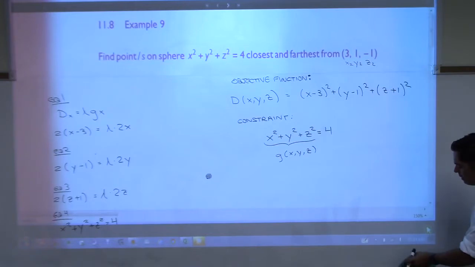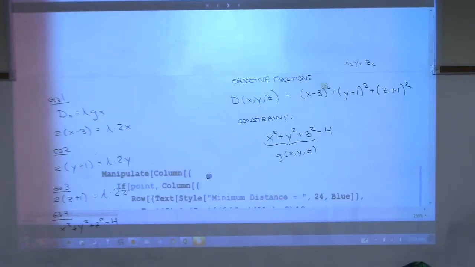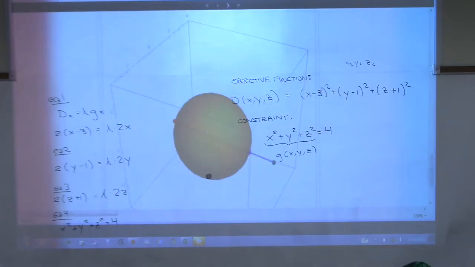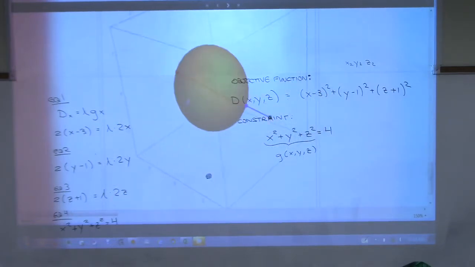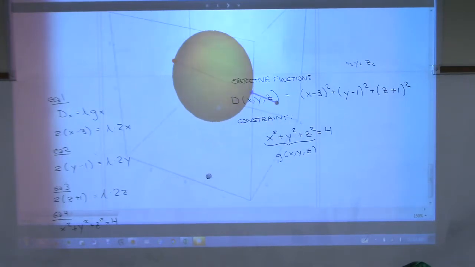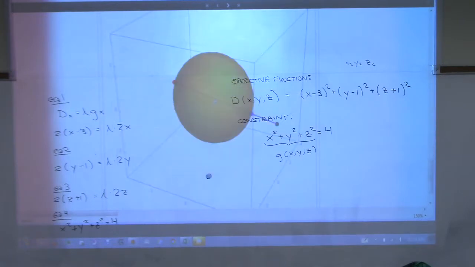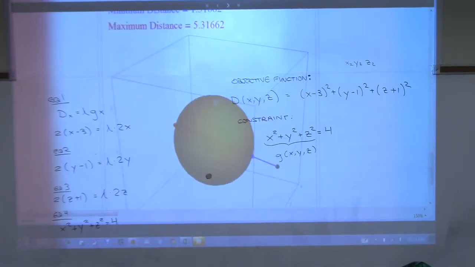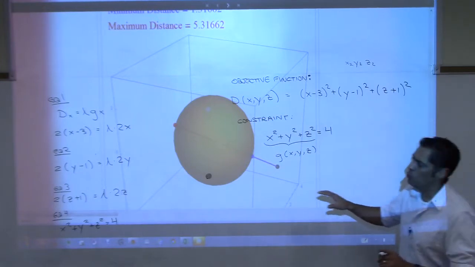All right, so let's see. Here's the visual of the problem. There are 2 points here. You can see the blue point is closest and the red point is furthest away. So the max is the farthest. Remember what you do once you find these.